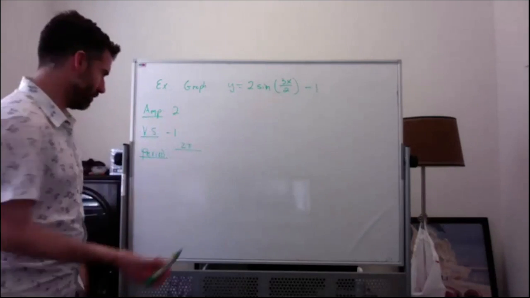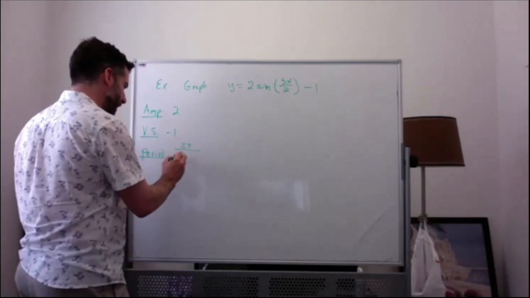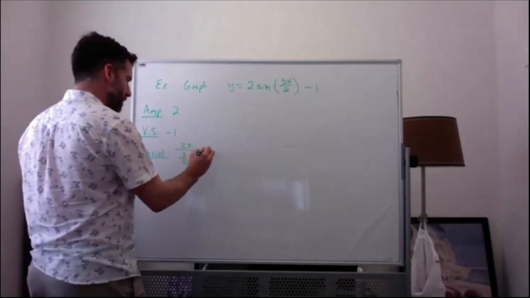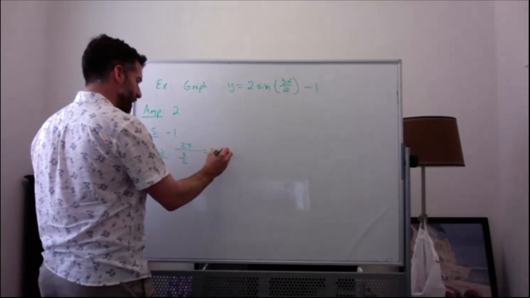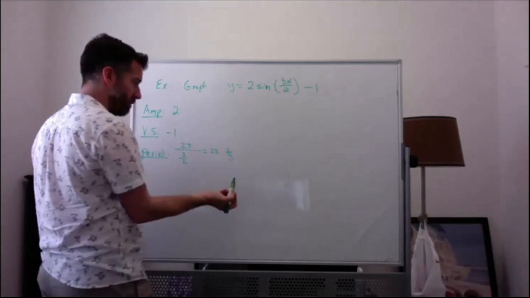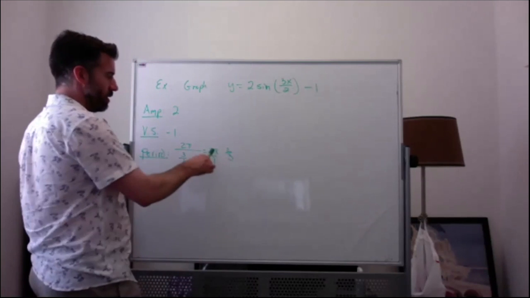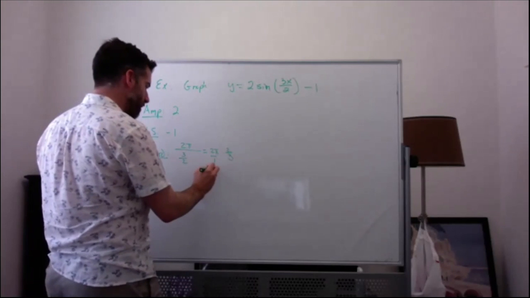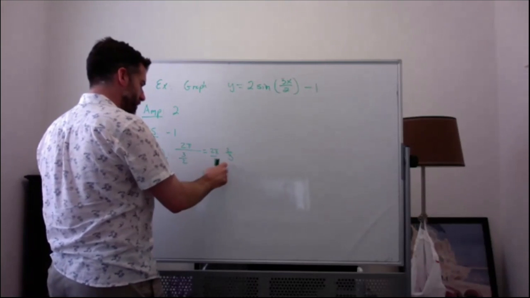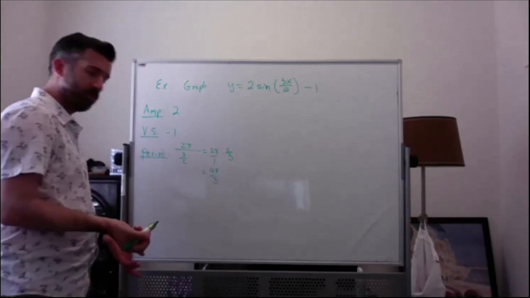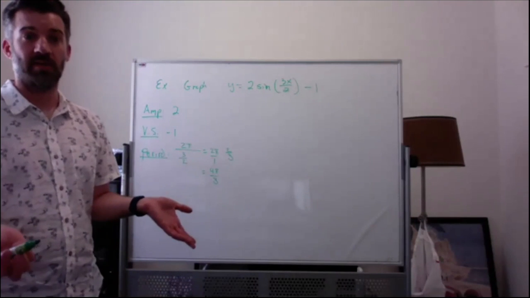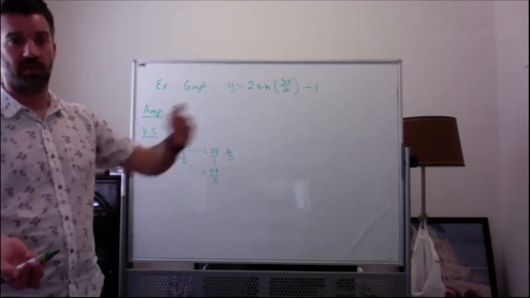Exactly, 3 over 2. So it's 2 pi divided by 3 over 2, which is equal to 2 pi times 2 over 3, or if you like, 2 pi over 1 times 2 over 3. 2 pi times 2 is 4 pi. 1 times 3 is 3. So my period length is going to be 4 pi over 3, or 0 to 4 pi over 3.